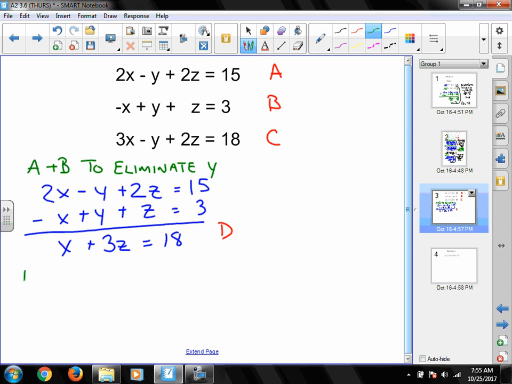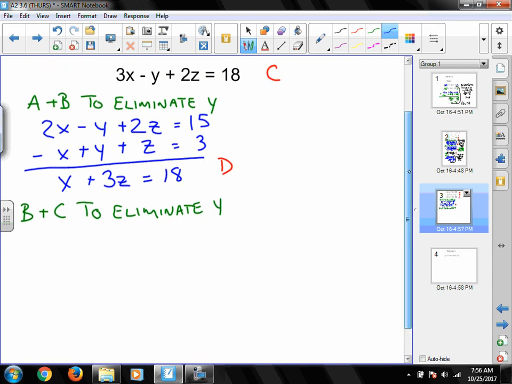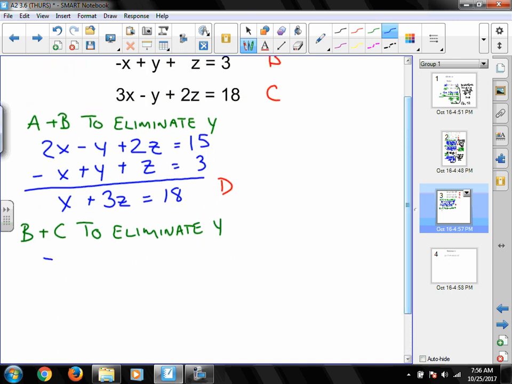Now I'm going to add B plus C to eliminate y. So I end up with negative x plus y plus z is equal to 3, and 3x minus y plus 2z is equal to 18.